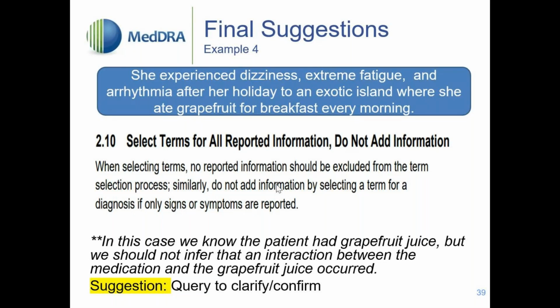So just seeing this here, we have to take off that cap that sometimes we wear, especially if you're a physician and you deal with this a lot, and take yourself outside of it and say, okay, it wasn't actually stated that there was an interaction. So maybe we query to see if they can confirm an interaction, or if nothing comes back, then obviously we don't have to include that piece.